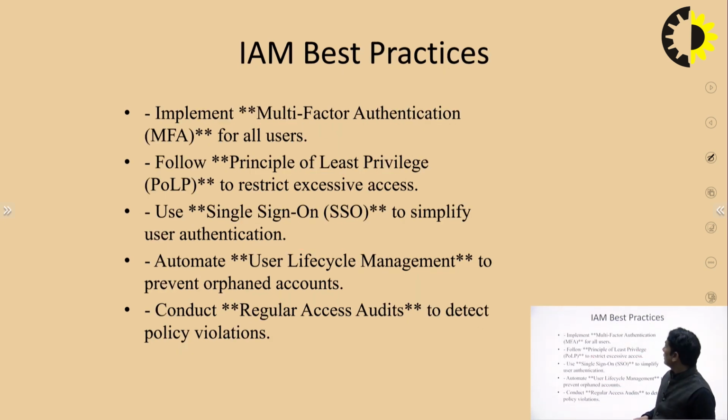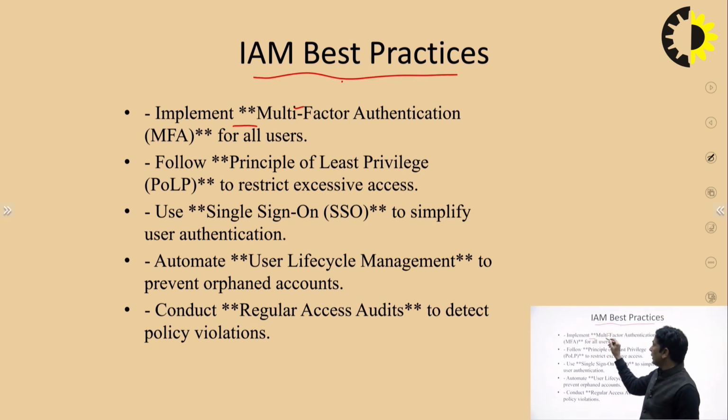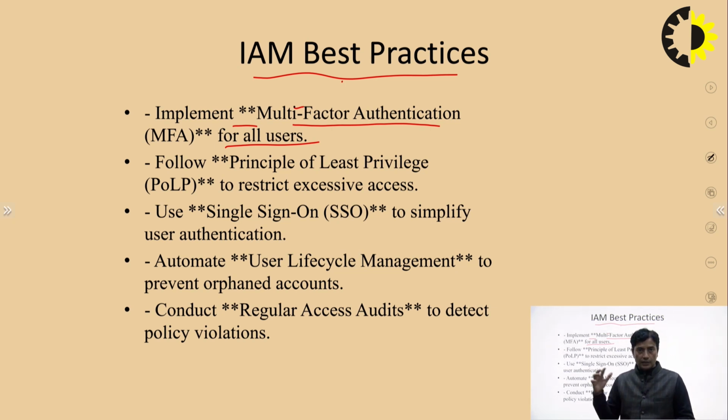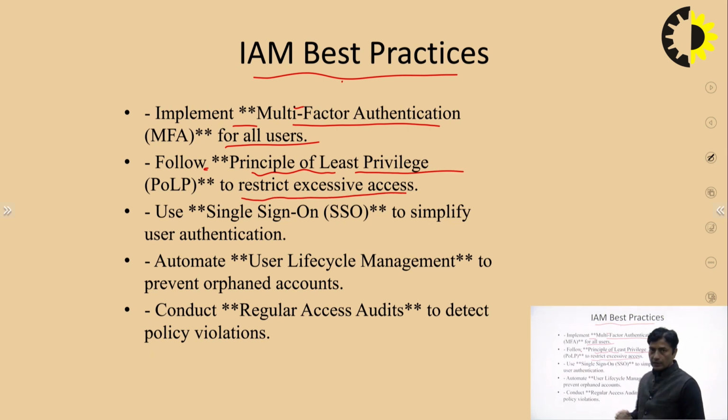IAM best practices. What are the best practices for IAM security? Implement multi-factor authentication, MFA, for all users. Multi-factor, as I have already told you, means two or three levels of access control. Then follow the principle of least privilege, POLP, to restrict excessive access.